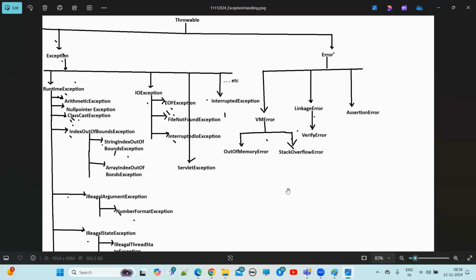But for a checked exception, the chance of raising the exception at runtime will be high. If the chance is high, someone is checking to avoid that at runtime. Those kinds of exceptions come under checked exceptions. Where the chance is very, very less, those come under unchecked exceptions. Clear?